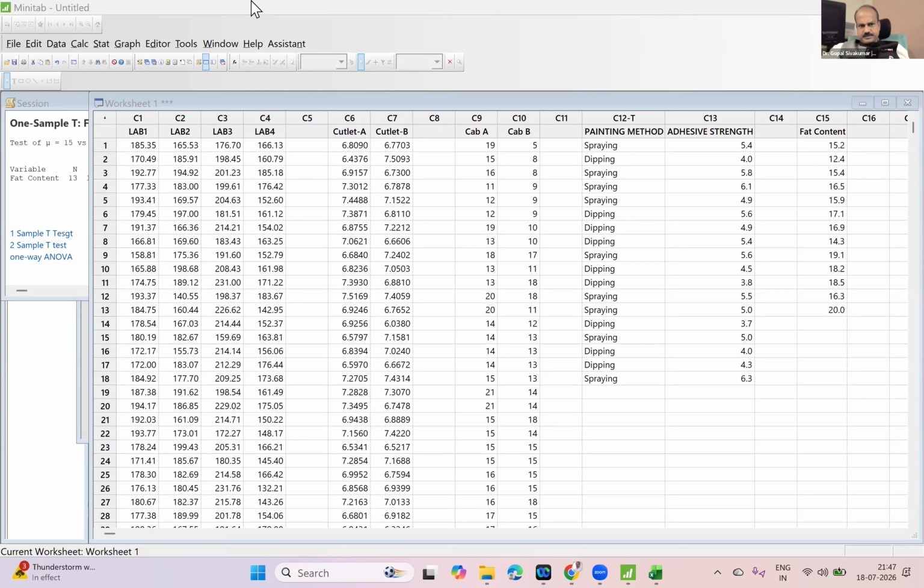Lead content, and the lead content was found to be beyond the reference value. Whenever you have a reference value and compare a sample against it, that should be a one sample t-test. So there is one sample t-test, there is two sample t-test, there is one-way ANOVA. And wherever a two sample t-test can be performed, we can also perform ANOVA. How many of you agree that the statement is true?